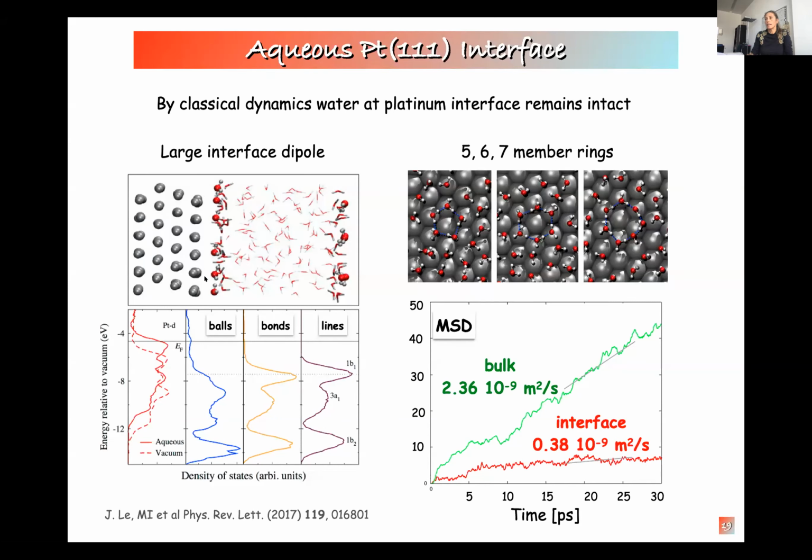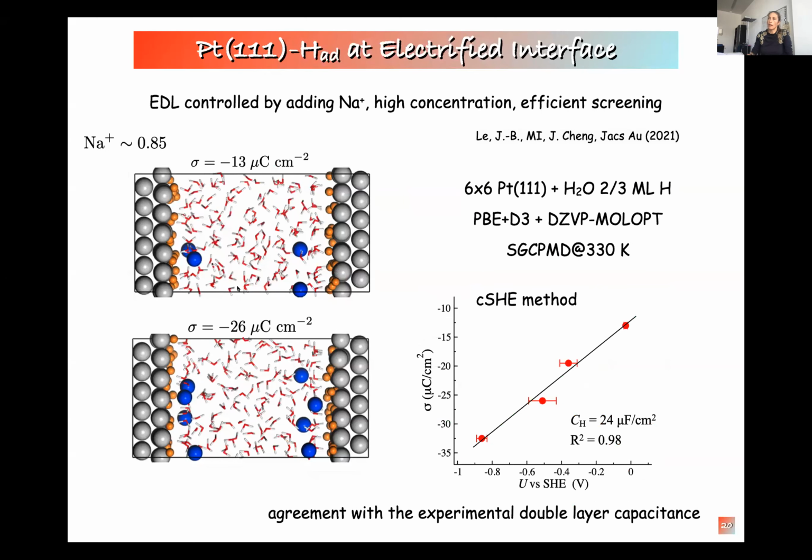And the structure of this layer of water has been studied under many aspects. For example, it has been observed the formation of this sort of frustrated layer where you have formation of these rings that can be 5, 6, 7 member rings. This layer has a very low diffusion coefficient with respect to the bulk water.